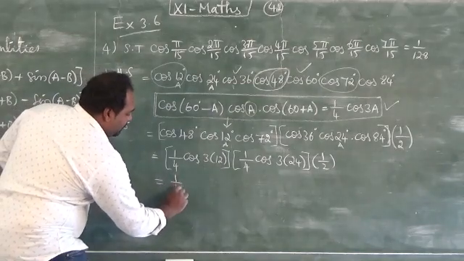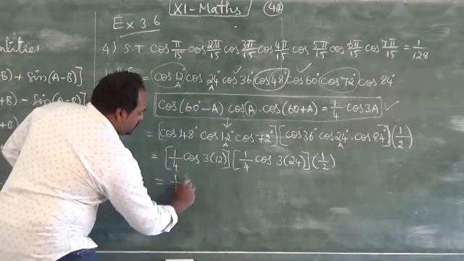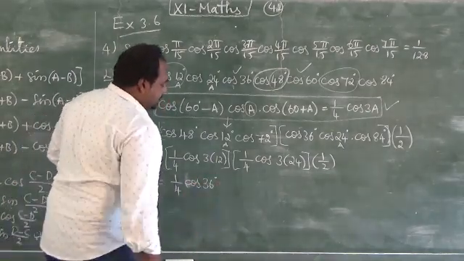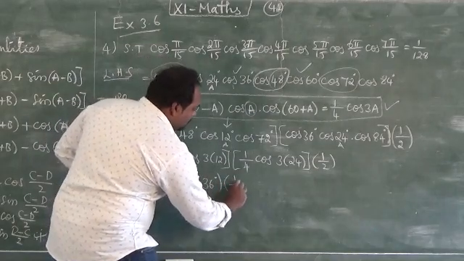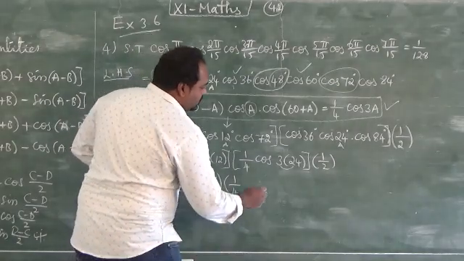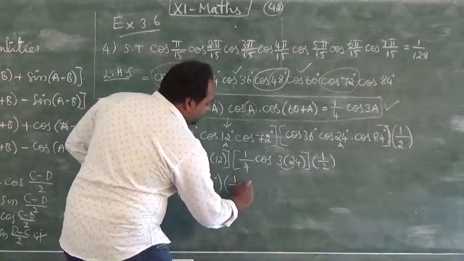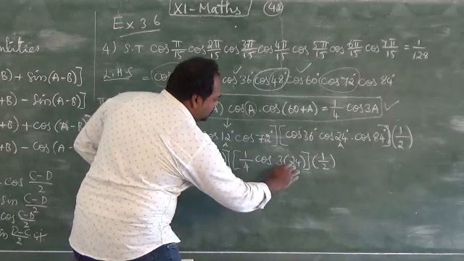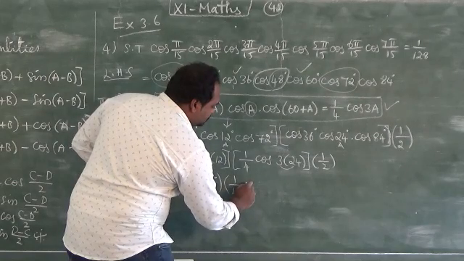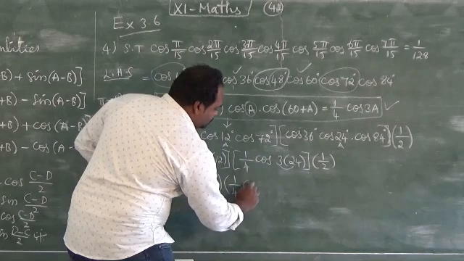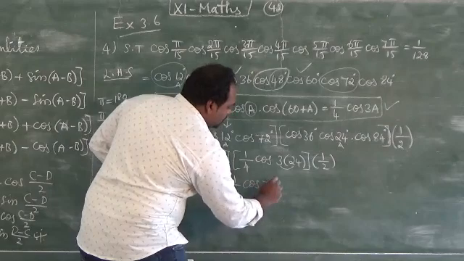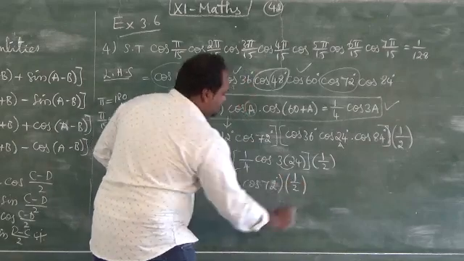Here 1 by 4 cos 3 into 12, 36 degree, into 1 by 4 cos 3 into 24, 3 into 24 is 72 degree, into 1 by 2.